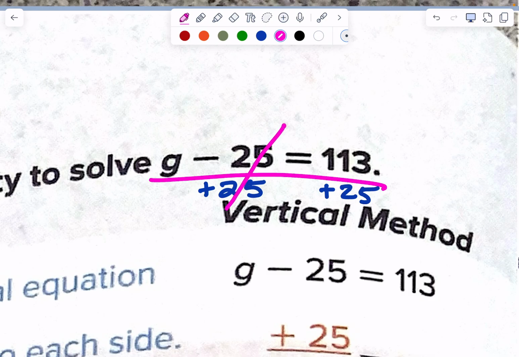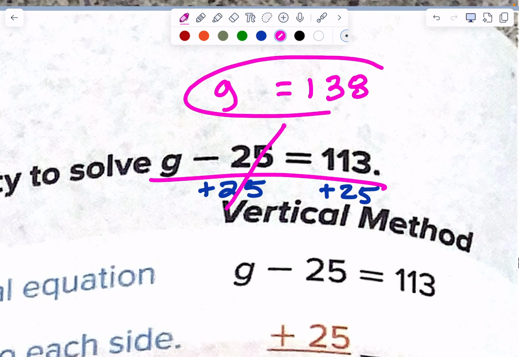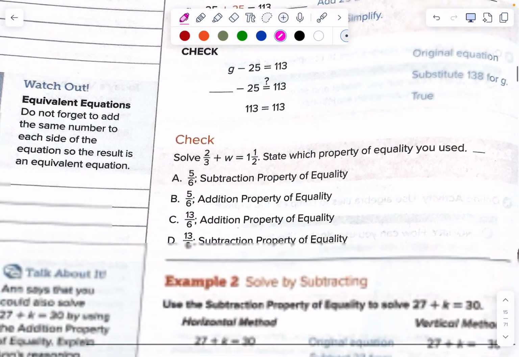So then all I have left on this side is G equals, and if I put those two together, that's 138. It looks like you're dividing by 25 with the line. I know it does. I shouldn't put that line in there. There you go. So I just add the 25 right below, and it cancels it out, so G is the only thing left. Got it? Okay. Let's do example 2.